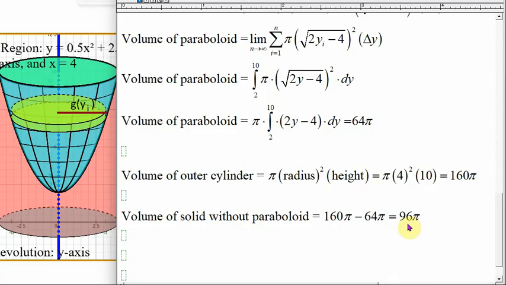And a few moments ago, when we found the volume using the shell method, we also got 96 pi. And so the exact answer is 96 pi. That's the end of the video.